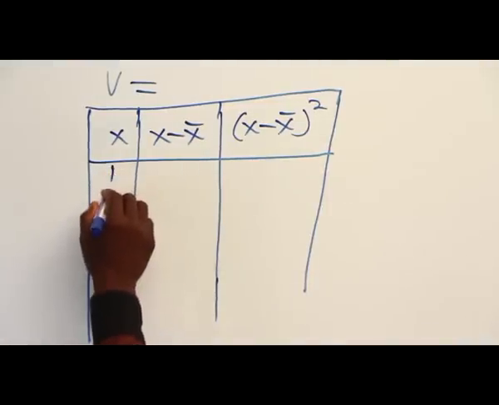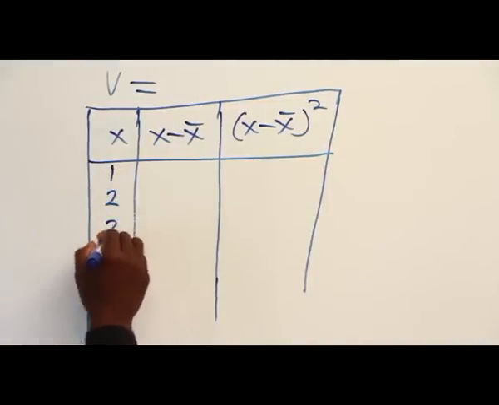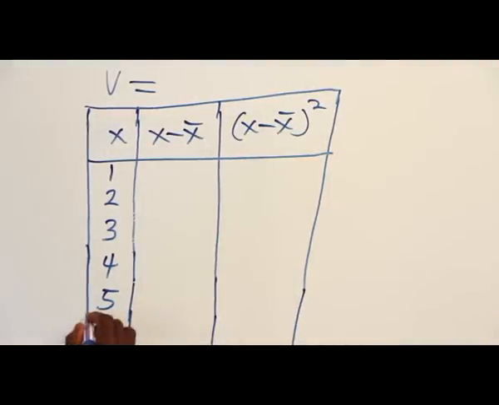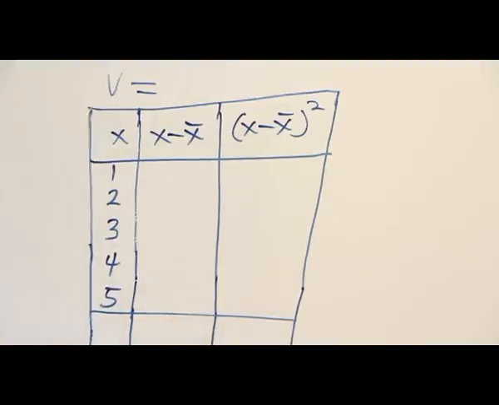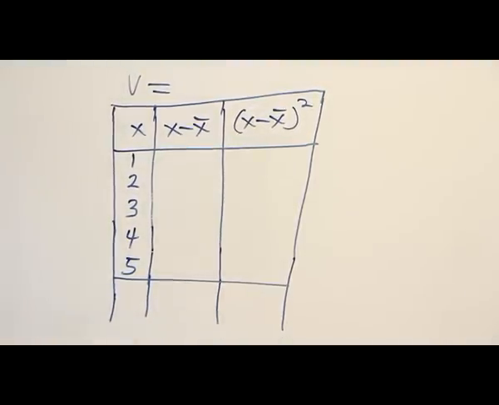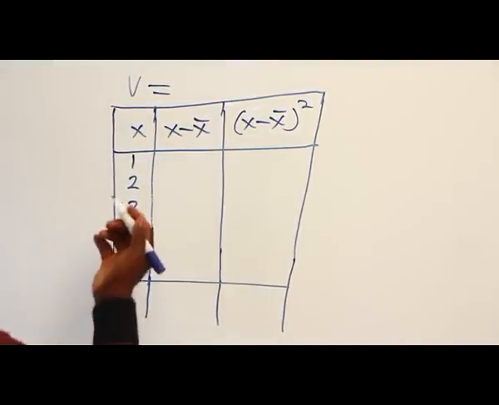Have 1, 2, 3, 4, 5. Good. X minus the mean of x. The mean is 3.